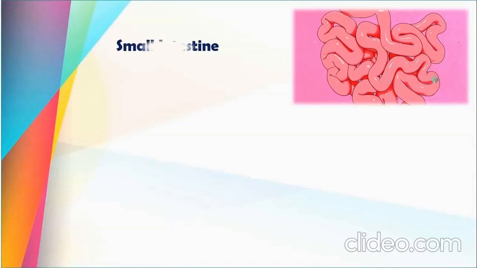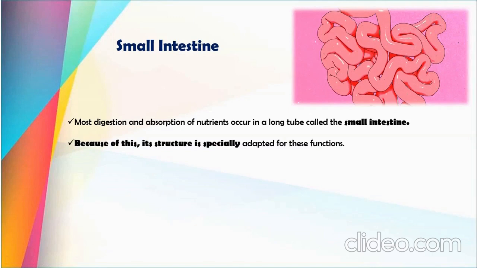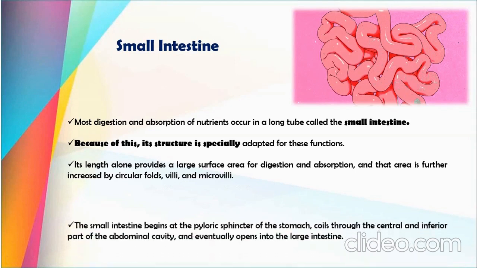Small intestine. Most digestion and absorption of nutrients occur in a long tube which is called the small intestine. Because of this, its structure is specially adapted for these functions. Its length alone provides a large surface area for digestion and absorption, and that area is further increased by circular folds, villi, and the microvilli.